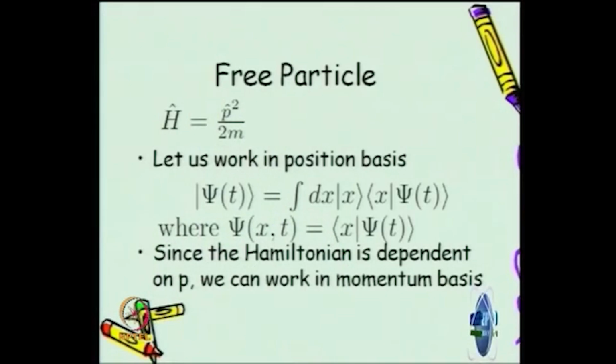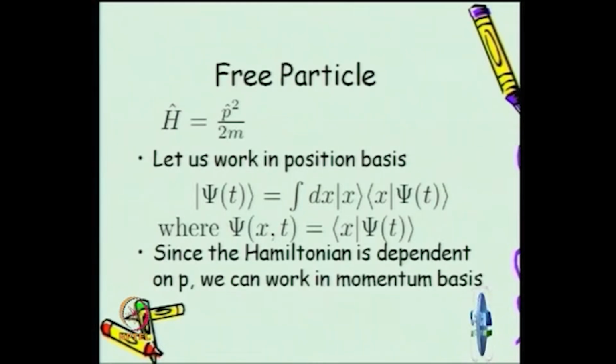If you had done it in the position space, we don't know what p squared over 2m on x is. We need to find out. But here in the momentum space, it becomes very simple to write it as an eigenvalue. Since the Hamiltonian is dependent on p, it is convenient to work in the momentum space basis instead of working in position space. So convenience depends on the situation.